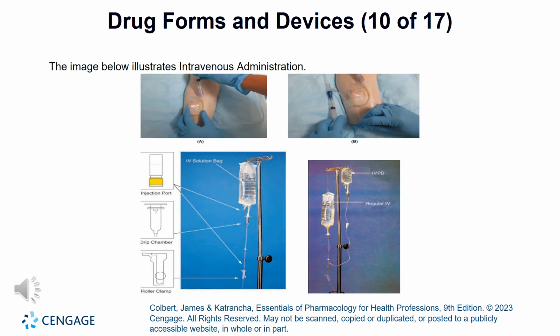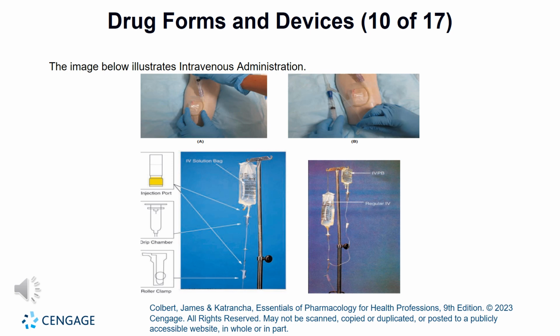The images below illustrate intravenous administration. As you can see in figure A, this is a small volume of the drug, or bolus, IV push, that is injected into a peripheral saline lock with a PRN adapter that's attached to the vein. IV push medication can also be injected into a port on a primary or continuous infusion line, as you see in figure 4-2B.